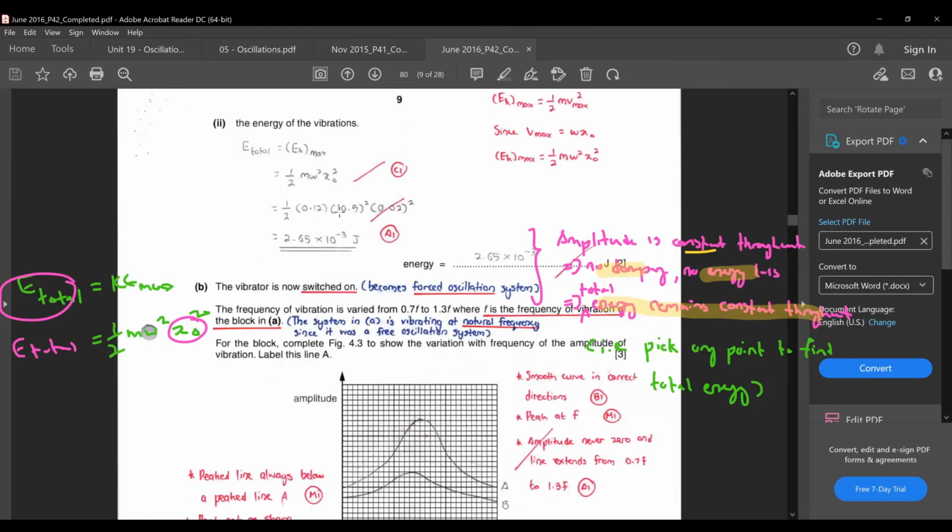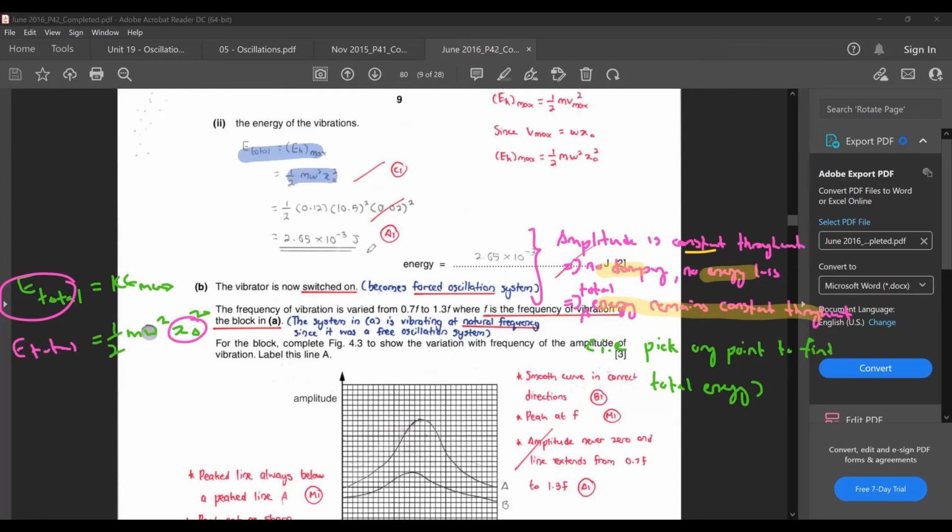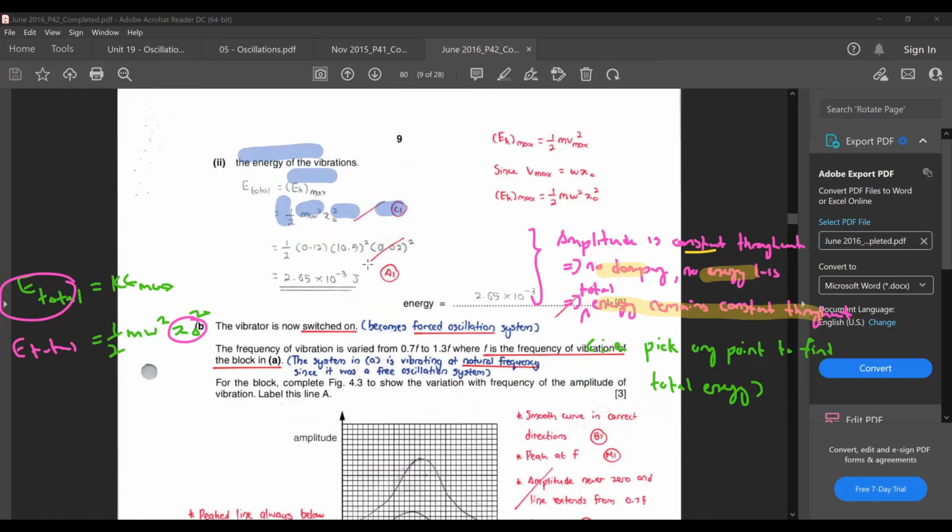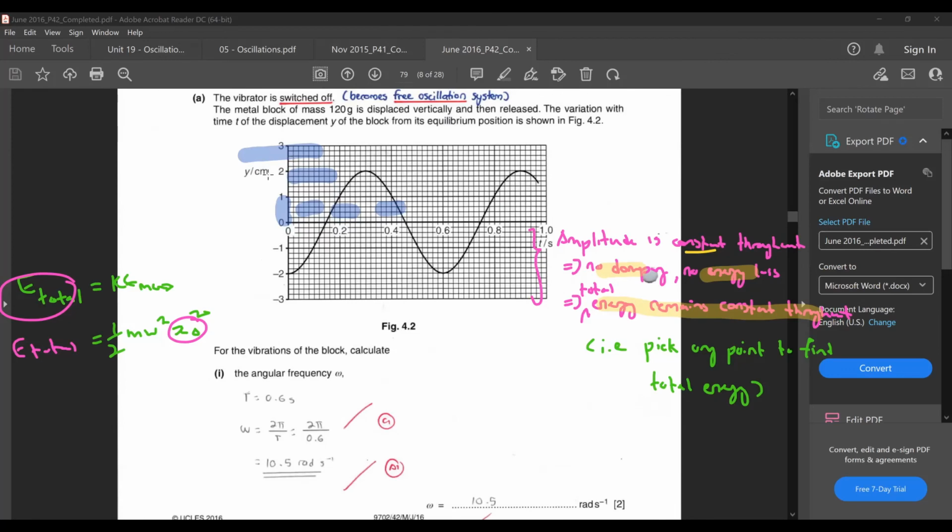Now let me just zoom in. Your total energy is Ek max, half m omega squared x naught squared. So half times the mass, which is 120 grams, changed to kg. Your angular frequency you already found in part 1 on the previous page. Your x naught, you can read from your graph. It's 2 centimeters.